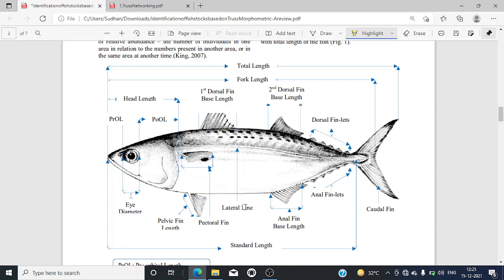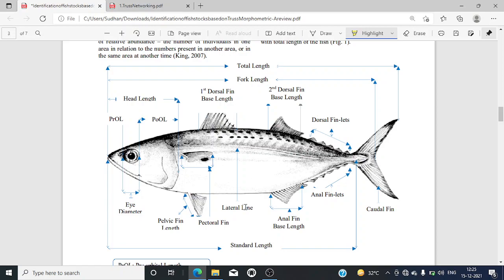Before going into the software, you need to select the fishes and their corresponding landmarks. Either it may be a fish or a crustacean, like shrimps, prawns, or crabs, whatever it may be.